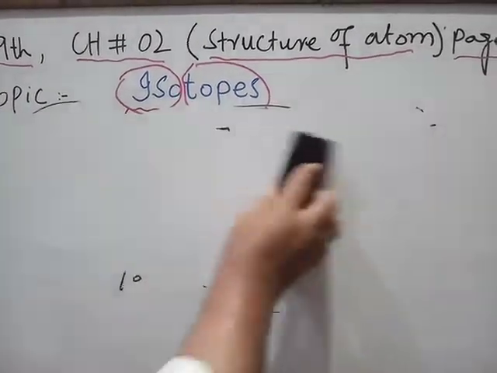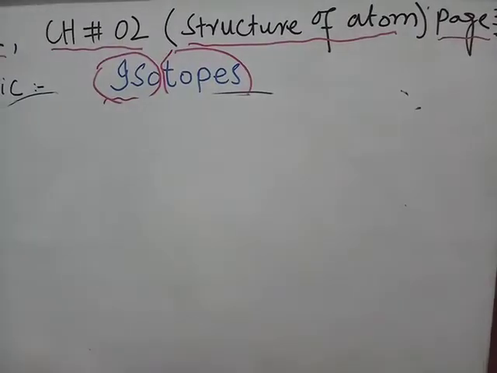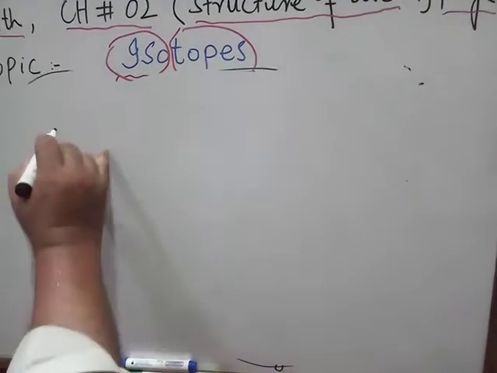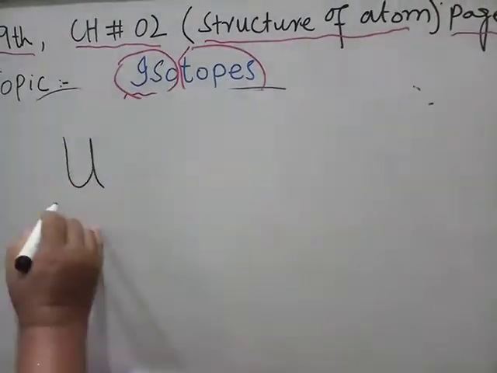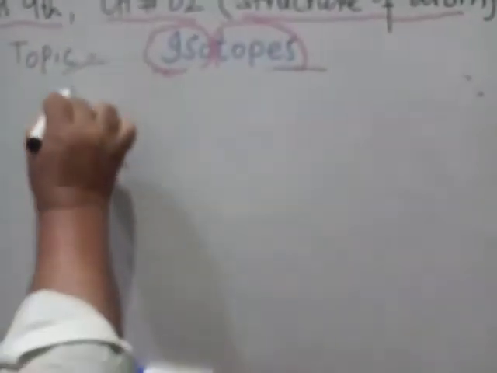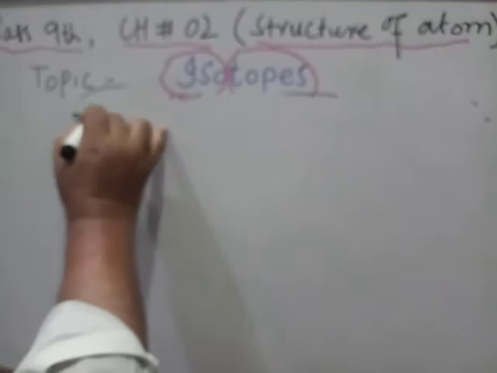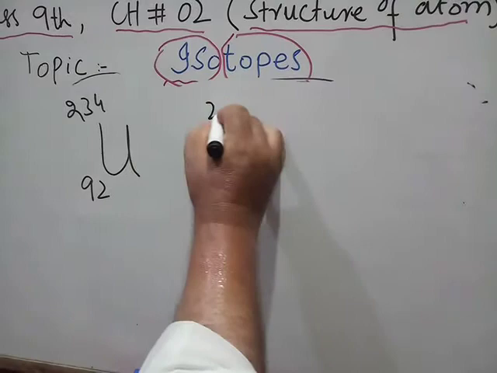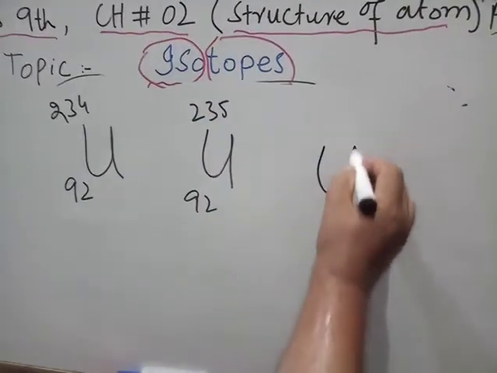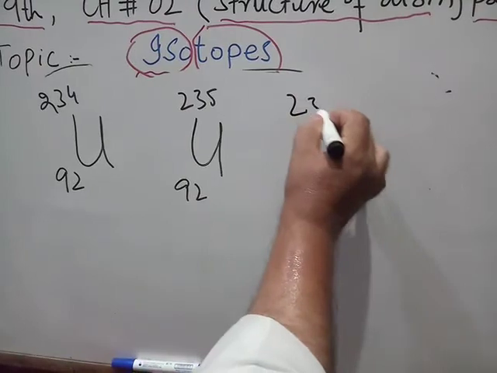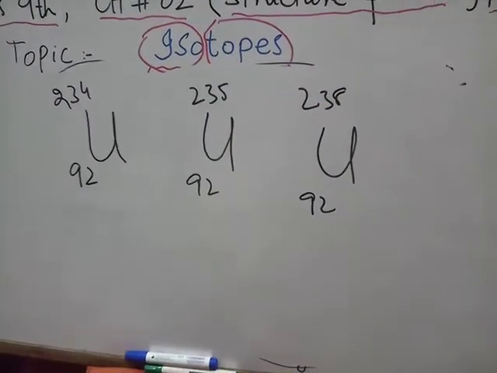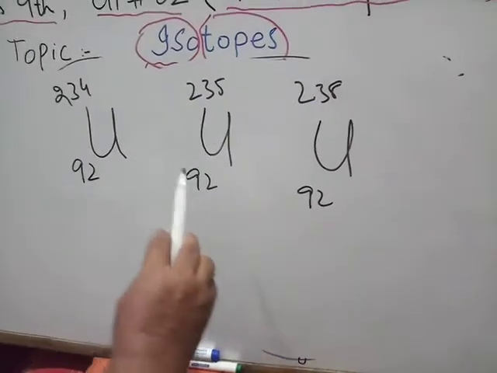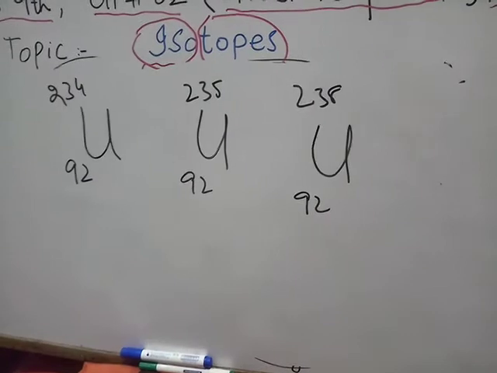And similarly, let me proceed towards the isotopes of uranium. Remember that uranium has the symbol U. It has three isotopes: uranium 92-234, uranium 92-235, and uranium 92-238. All three isotopes of uranium have the same atomic number, 92, but they have different mass numbers.